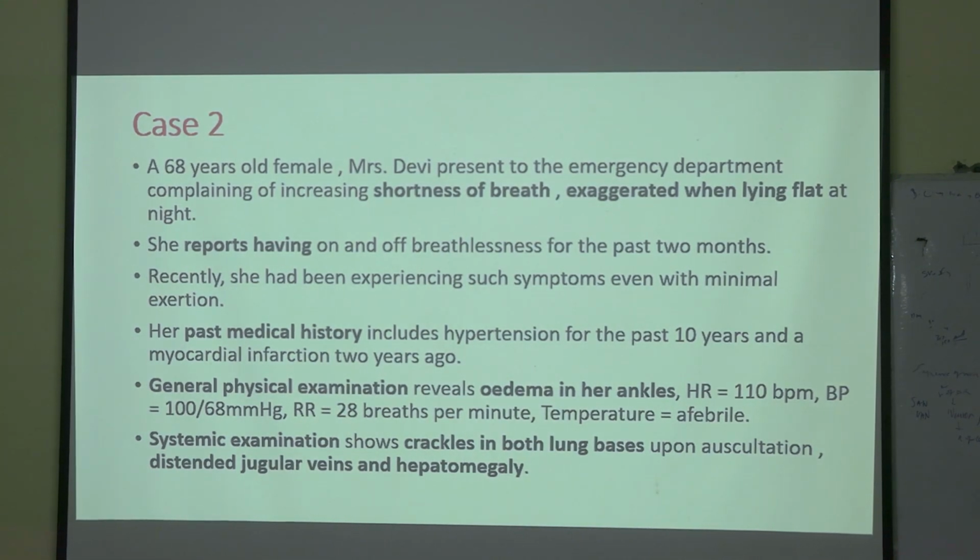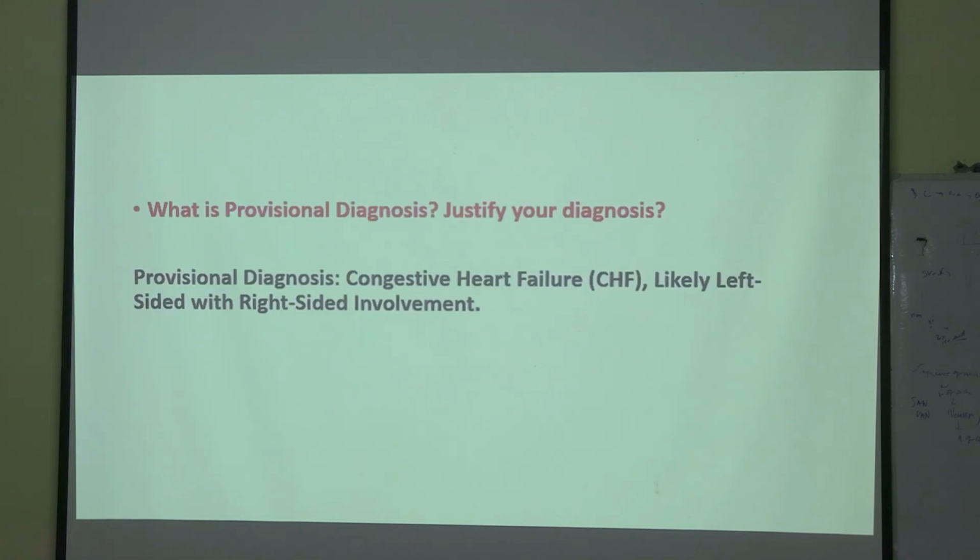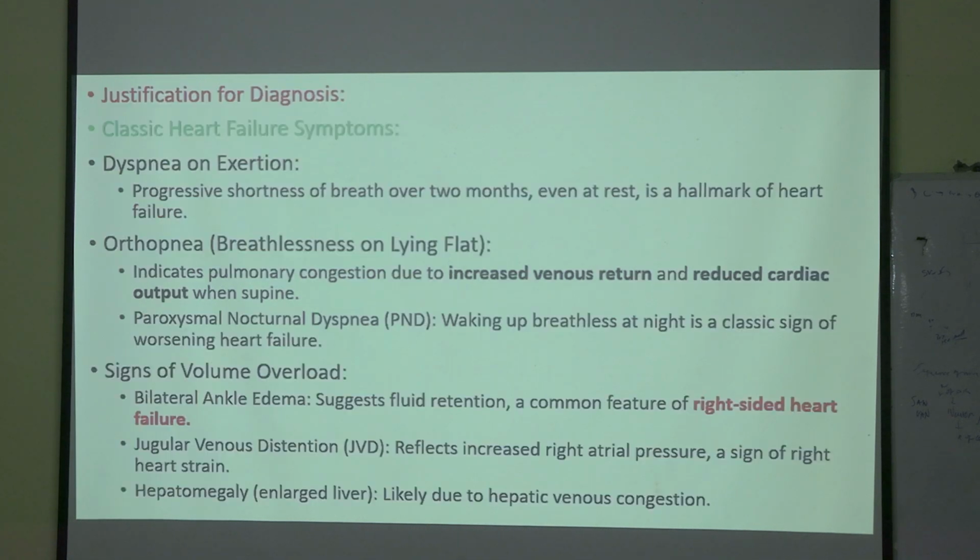This case is very much related to heart failure. So here, what is the provisional diagnosis? Obviously, it is congestive heart failure. Now we will justify why we relate this condition to congestive heart failure.